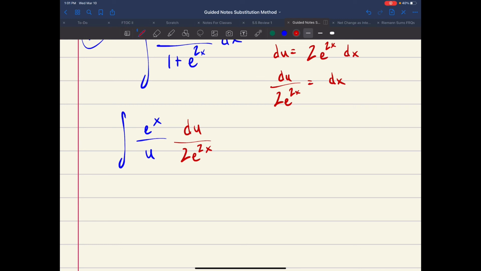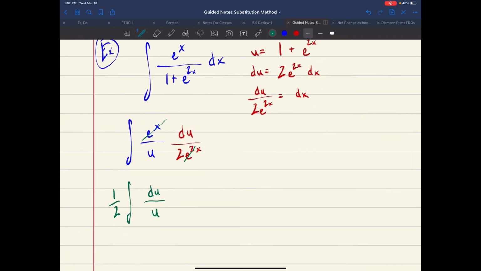And so you can cancel these. We can cancel one of the e to the x's, and I can cancel one of these, which just leaves me with e to the x. Let me rewrite that because that's a little confusing to look at. So this would be du over u, and then you're going to have this 1/2. So that 2 in front comes out. And that's our integral to evaluate.